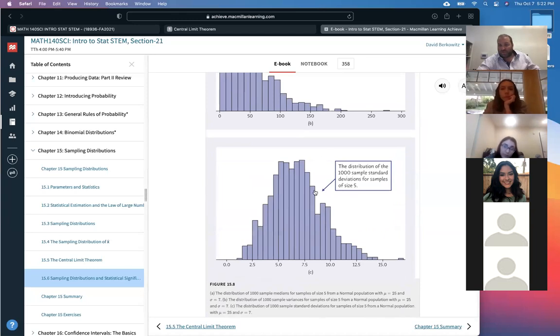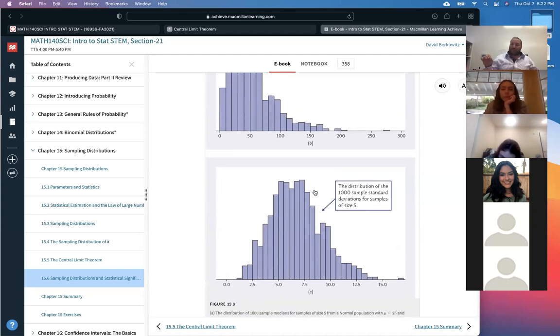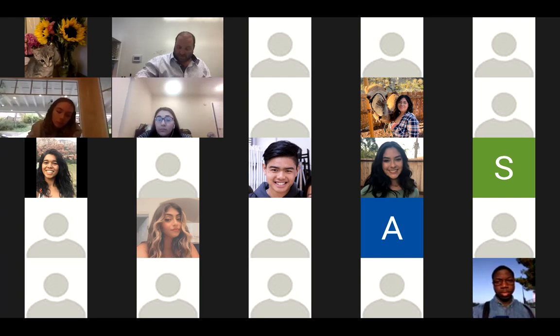So the variances and deviations, if we did a histogram of those, are not normal. But the mean, by the central limit theorem, is normal. So don't just assume that anything is going to be normal if the sample size is large enough. It's only the mean that the central limit theorem claims is approximately normal. So I want to write that down as a very important point right here.